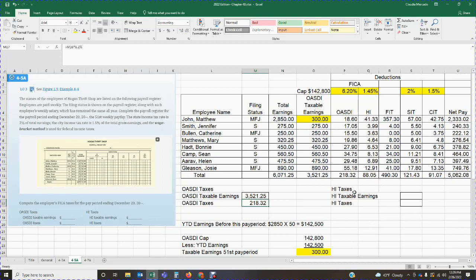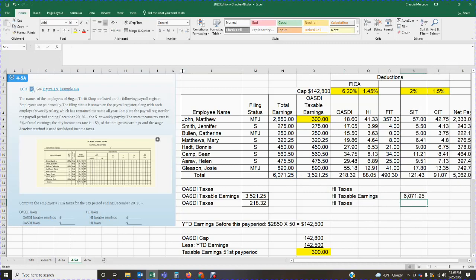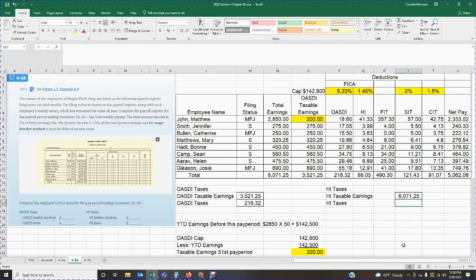For my HI taxes, everything is taxable. The whole $6,071.25 is taxable. Remember, we don't have a cap for HI. Everything will be taxable for HI purposes. So I'm going to get my HI taxable earnings times 1.45%.